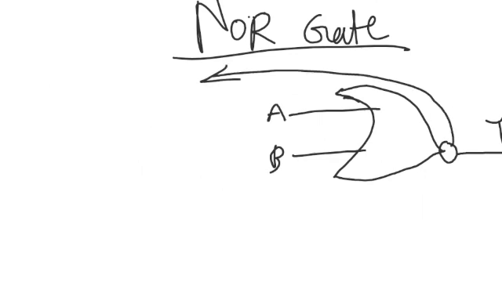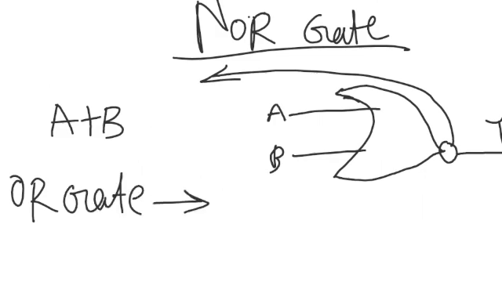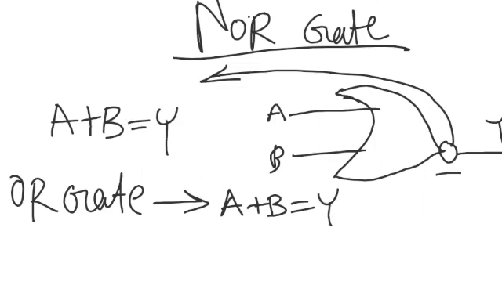Don't forget that when there's a bubble, you have to put a bar. The OR gate's equation is A plus B equals Y, and here it is A plus B equals Y, only because of the bubble, you have to make sure there's a bar.